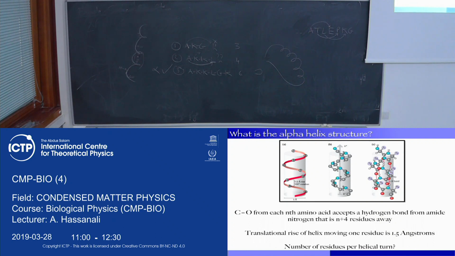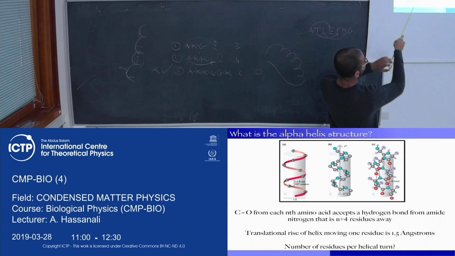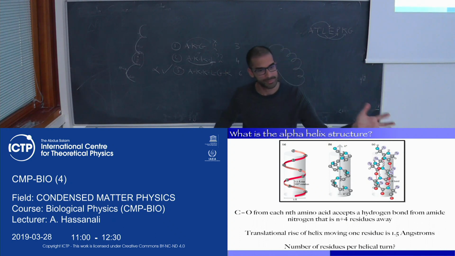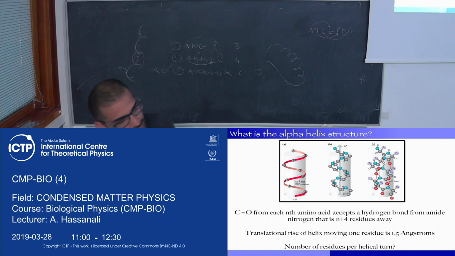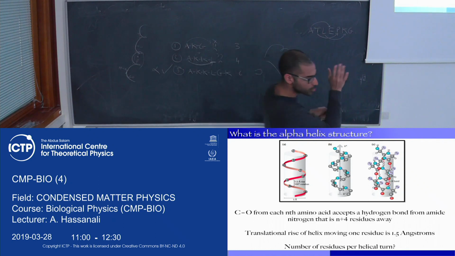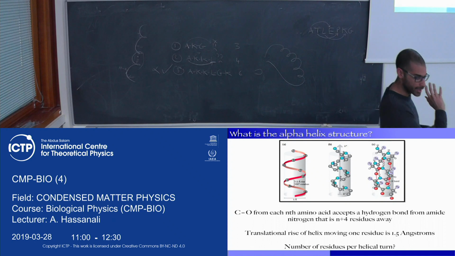That is just to give you a sense of the length scales. And the number of residues for every turn is about 3 to 4. So that's what characterizes an alpha helical structure.